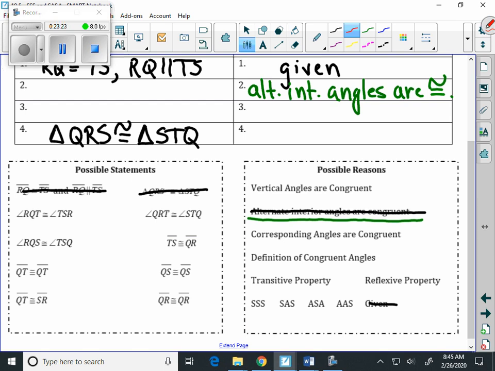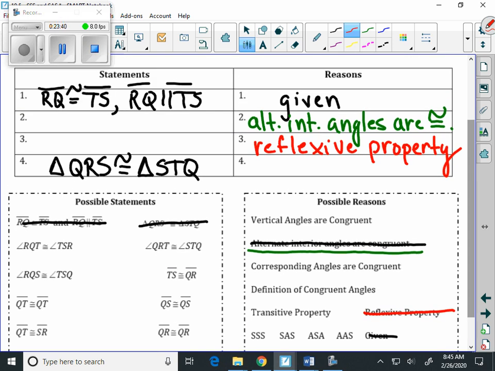We see a reflection, which means that the reflexive property is also going to be an option here. And we can cross that out. And already we have more than half of the proof filled in. And once we get half of the proof filled in, then we should be able to get at least 1 point when we're taking the state test on this one.